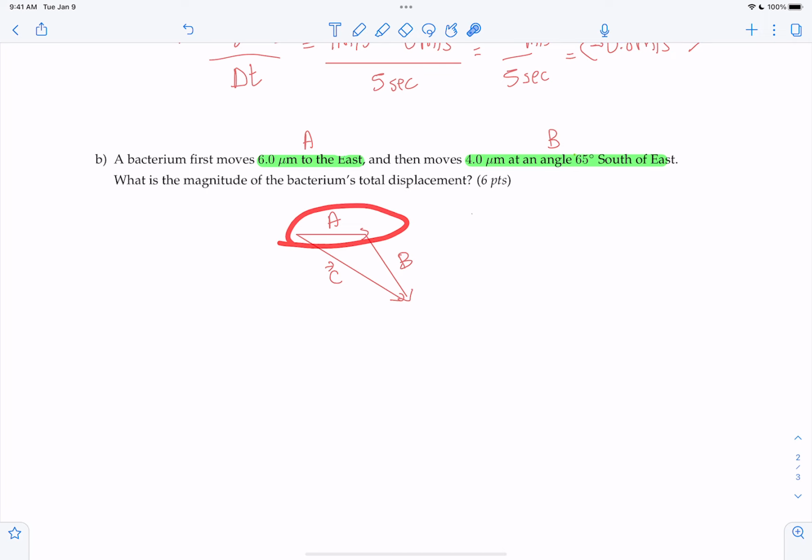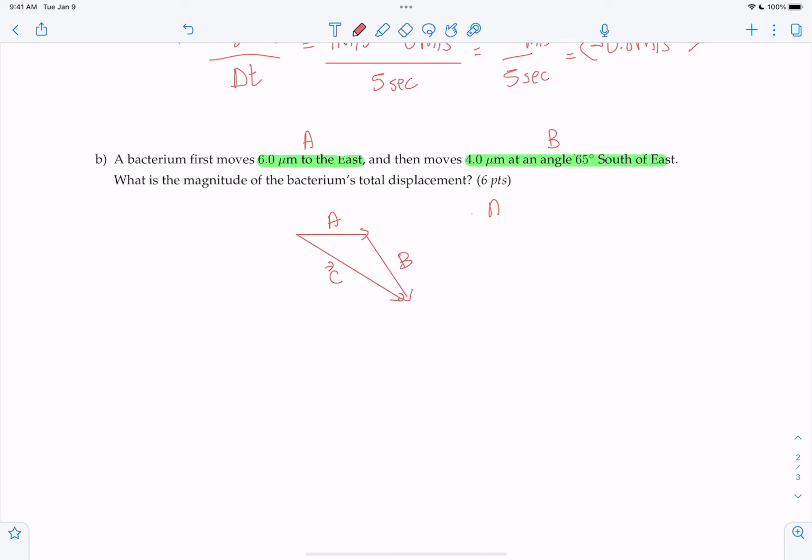Do we have any Y component to A? Is there any Y component to A at all? 0, right? Excellent. So we're not moving in the Y direction at all, so it's all in the X direction.